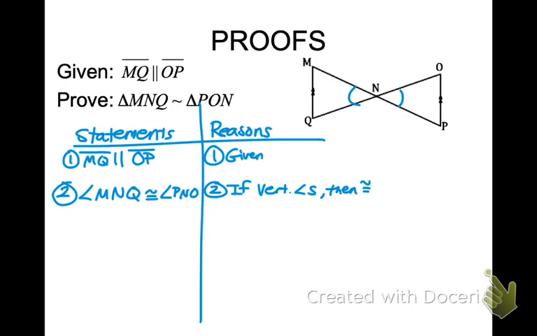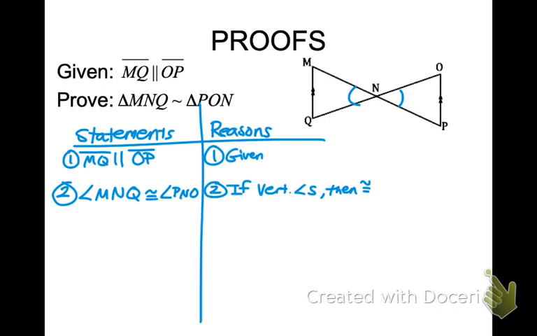Alright, now I got parallel lines again. Well, I don't have corresponding angles congruent, but I do have... What other type of angles do we have congruent with parallel lines? If parallel lines, corresponding angles are congruent. If parallel lines, alternate interior angles are congruent. If parallel lines, alternate exterior angles are congruent. Interior, right? Now you've got two to pick from.